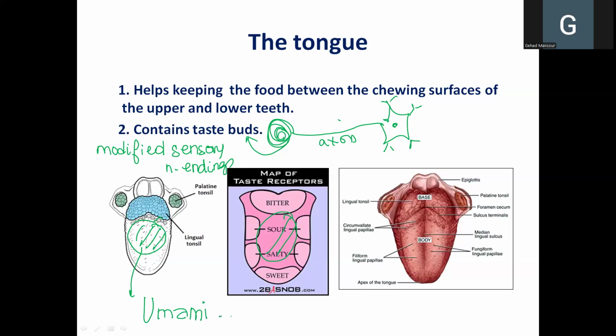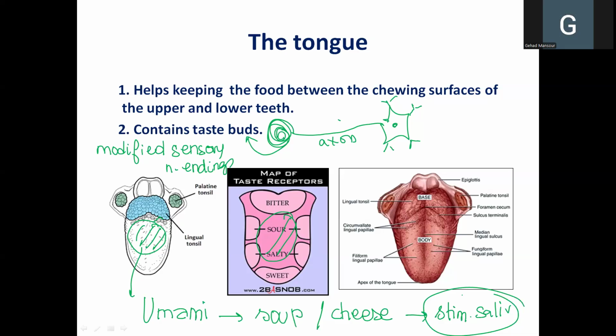Umami taste. The umami taste is actually the taste of the proteins that are present in soup and those that are present in cheese. And so the umami taste is actually the taste of anything that greatly stimulates salivary secretion. If you review the types of food you eat, you will find that the greatest stimuli for your salivary secretion are these umami substances that contain proteins and certain other substances.